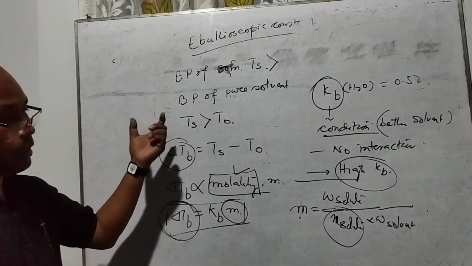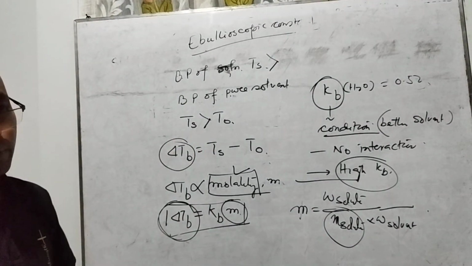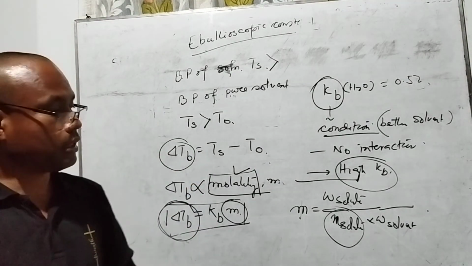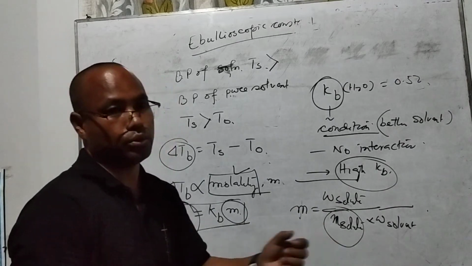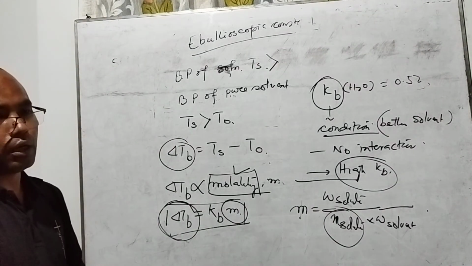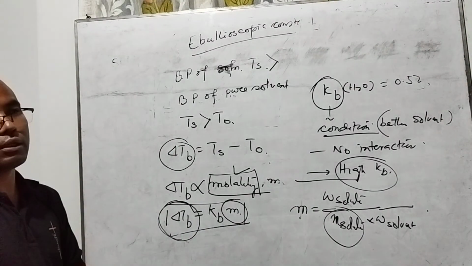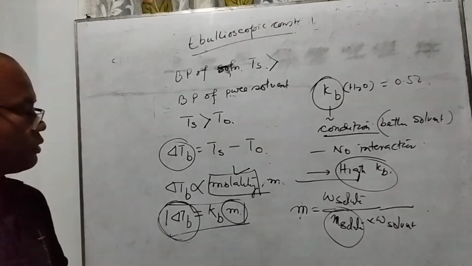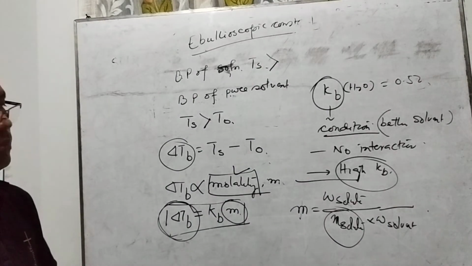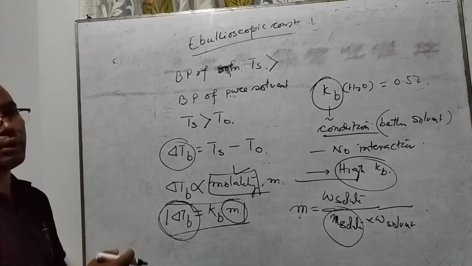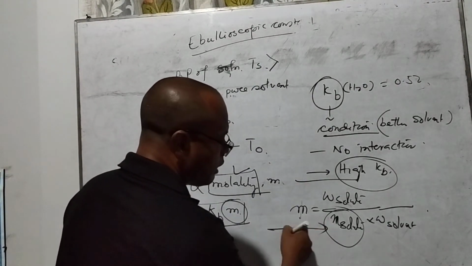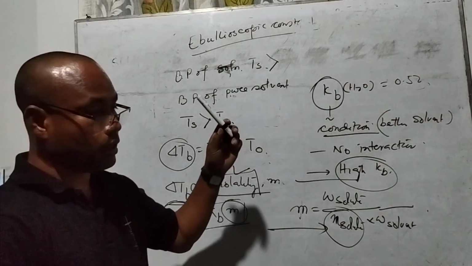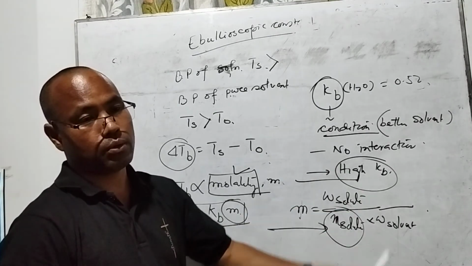Now here also, elevation of boiling point is our colligative property which can determine the molecular mass of the solute. So which solvent can be the better solvent in order to determine the elevation of the boiling point as well as the molecular mass of the solute? That is the solvent having a high Kb value.